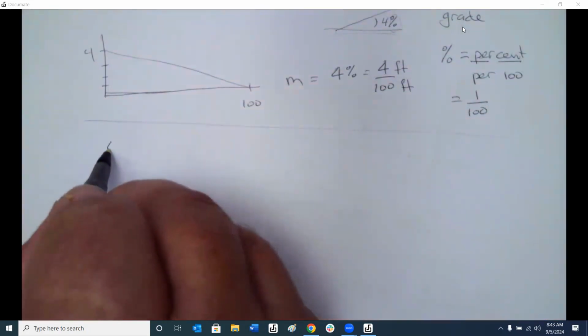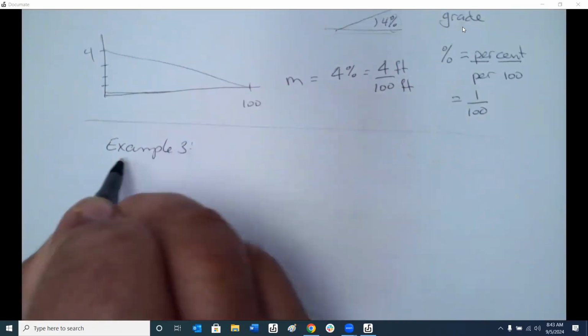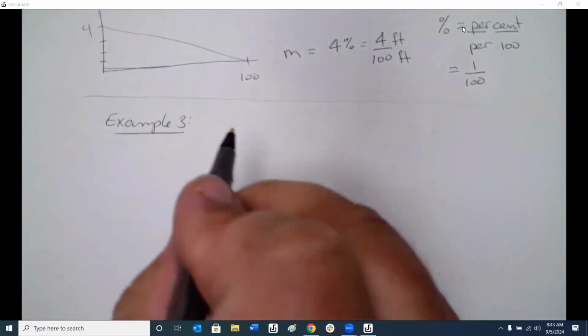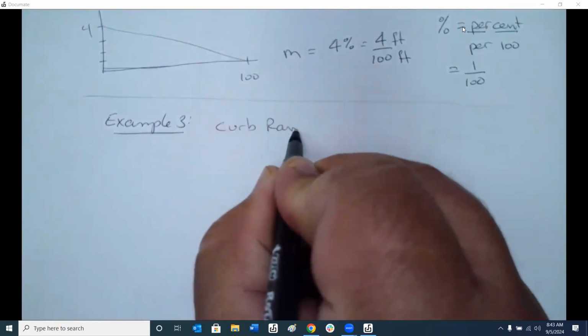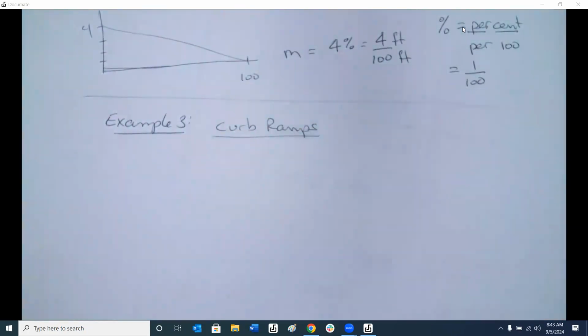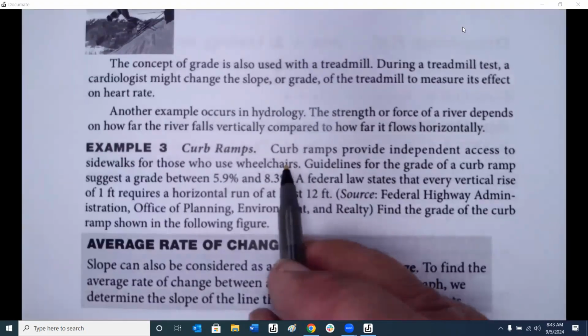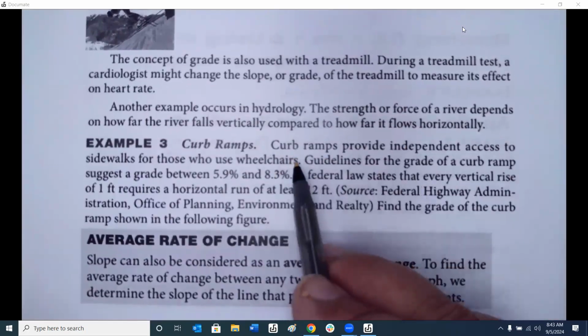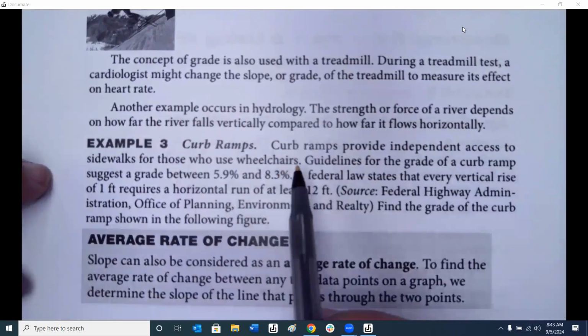All right, let's look at example 3. Curb ramps. Curb ramps provide independent access to sidewalks for those in wheelchairs.